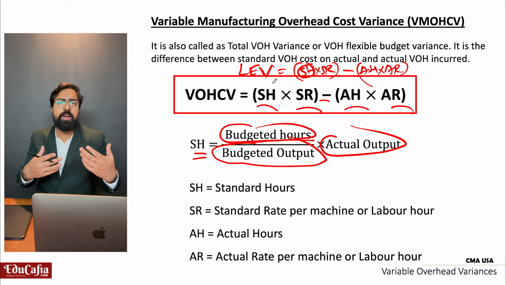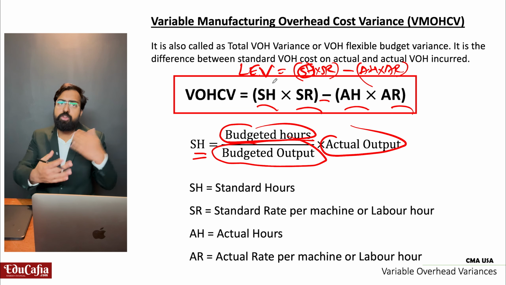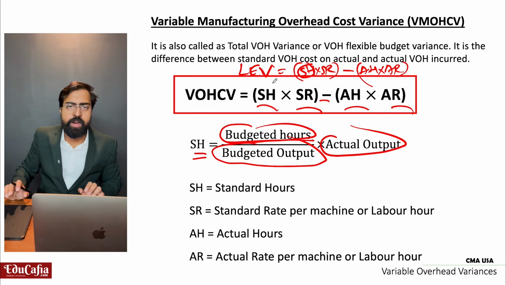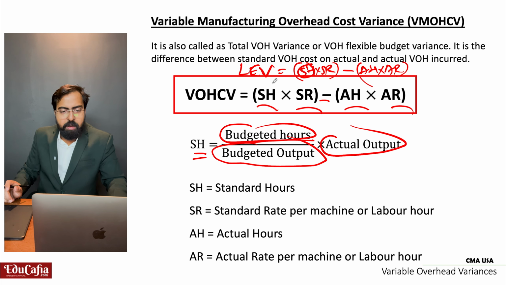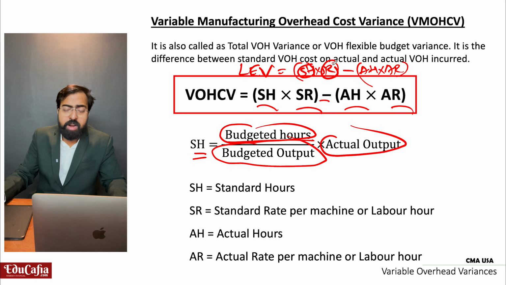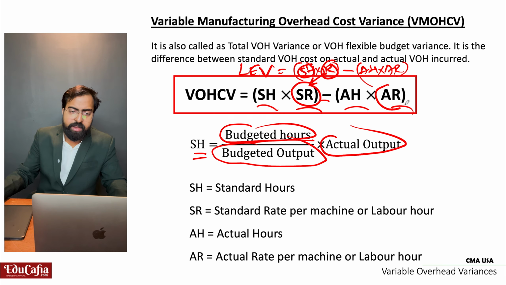We are converting that budget to the flexible quantity, the flexible budget. This is nothing but standard hour. But the standard rate that we studied in labor is not similar to the standard rate and actual rate in the manufacturing overhead.